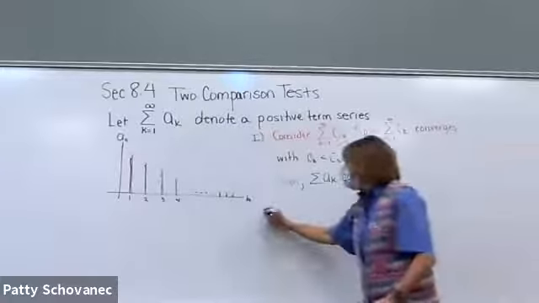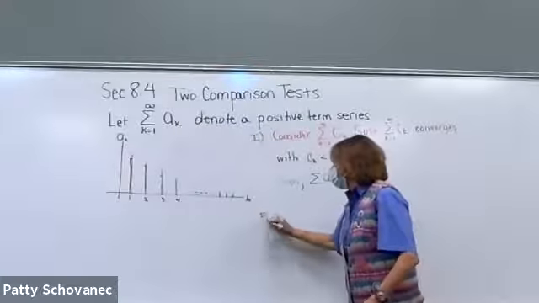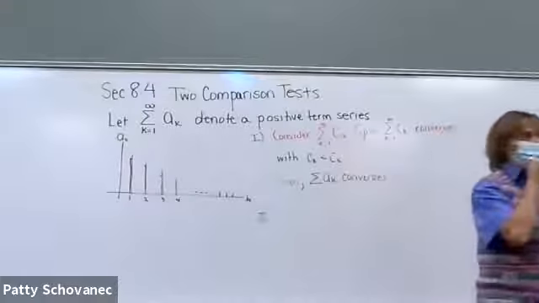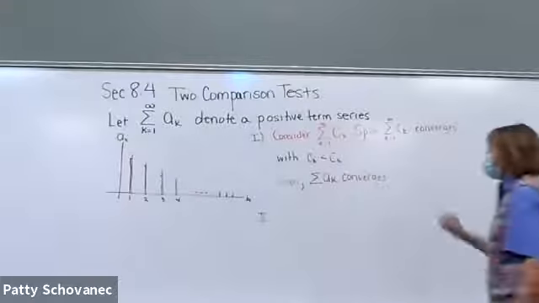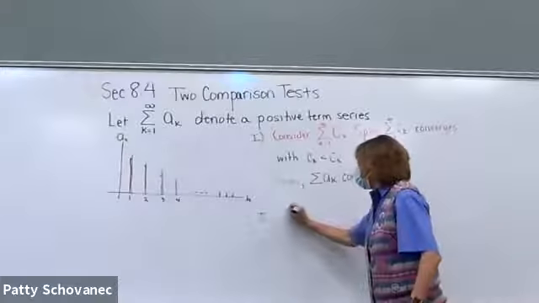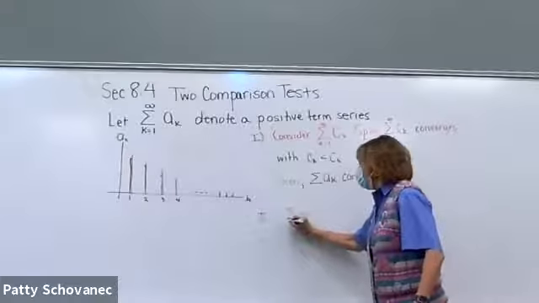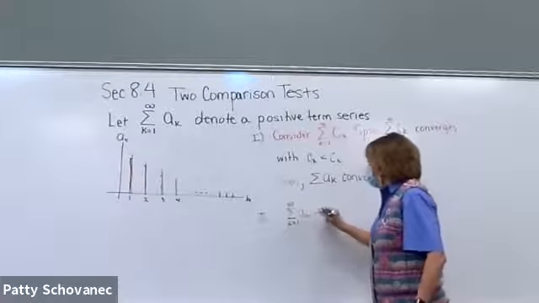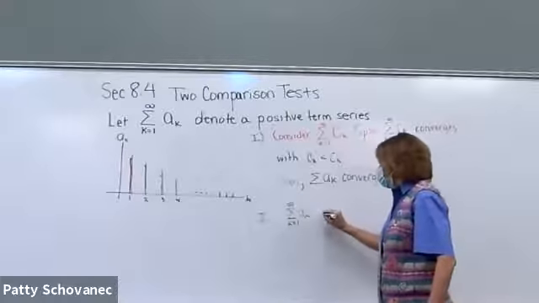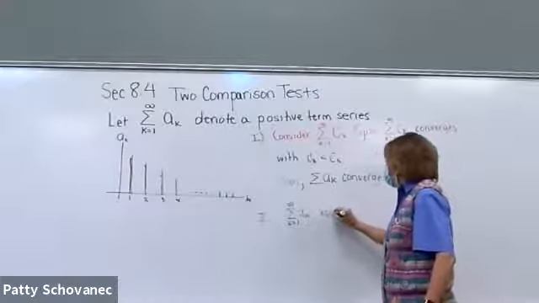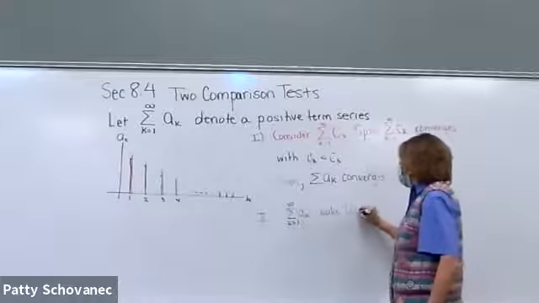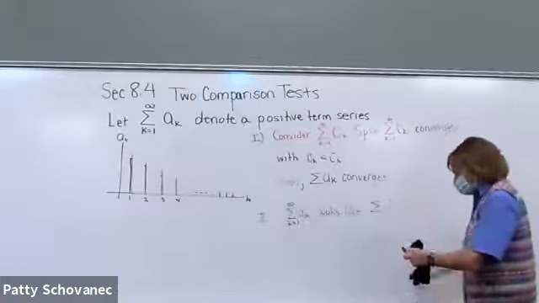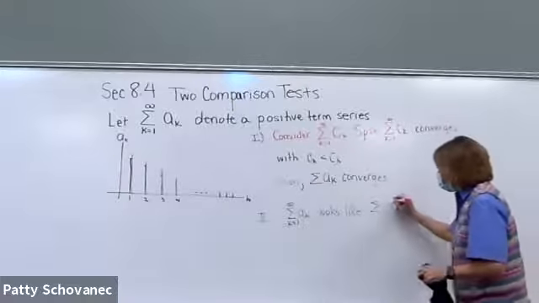Here's part two. We're testing part two, not three. We're testing my series of a_k's. And again, let's make the series of a_k's look like the black sticks. I'm going to draw some red sticks for my series for d_k.